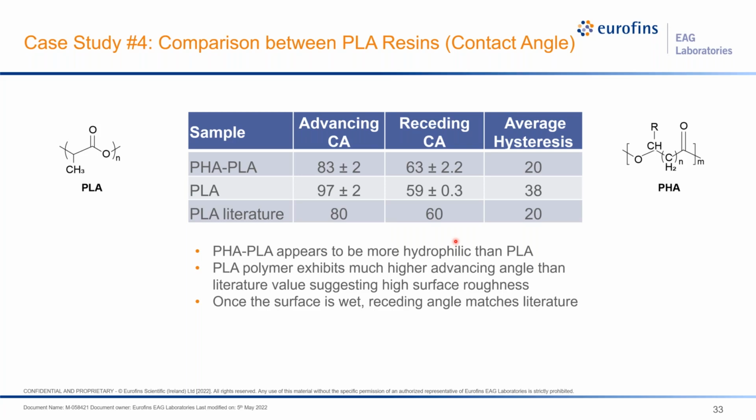We can actually do some optical profilometry on the surface and see if the surface roughness is really different. And that's what's causing the contact angle to be so high, because the contact angle is not simply how hydrophilic the surface is, it's also really the surface roughness. It takes that into account.